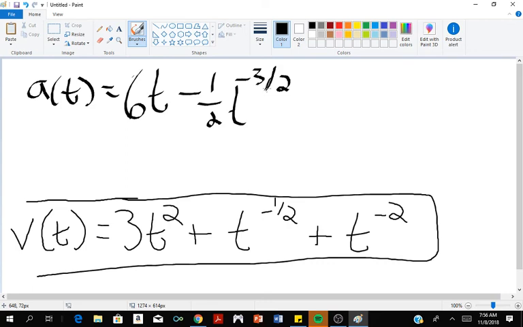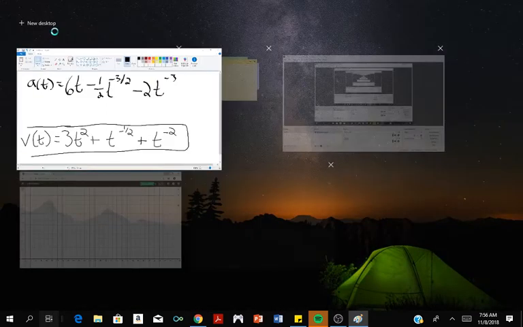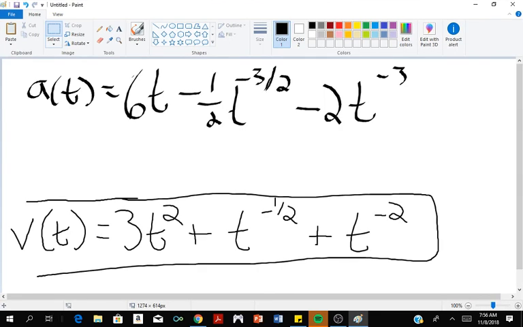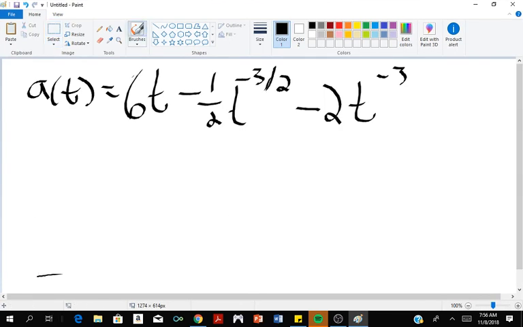And then plus 1 times negative 2 is going to be minus 2t, negative 2 minus 1 is to the negative 3. But we're not quite done, right? We've got the acceleration, but I need the acceleration at time t equals 2.